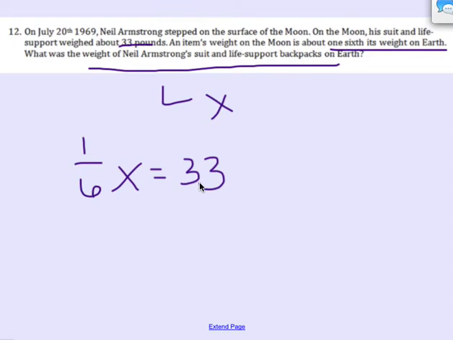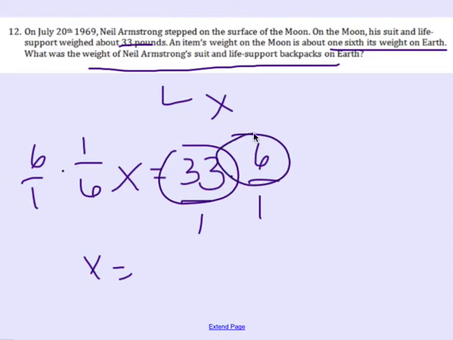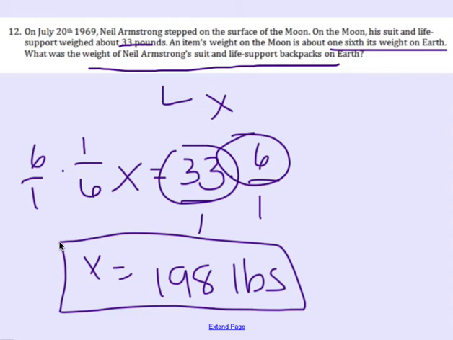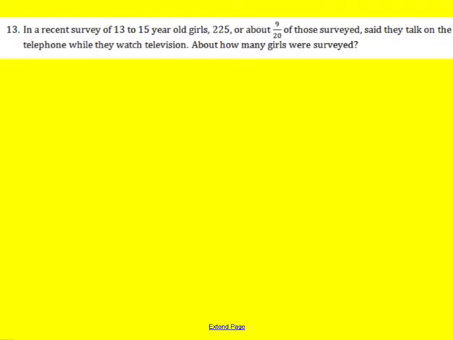So since I have the 1/6 X, I need to multiply by the reciprocal like we did yesterday when we had fractions. So x is equal to 33 times 6, and 33 times 6 is 198 pounds for number 12. Let's take a look at number 13.